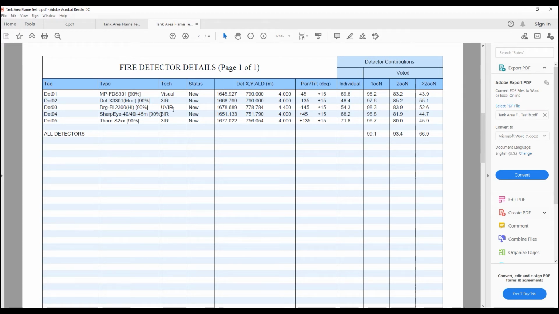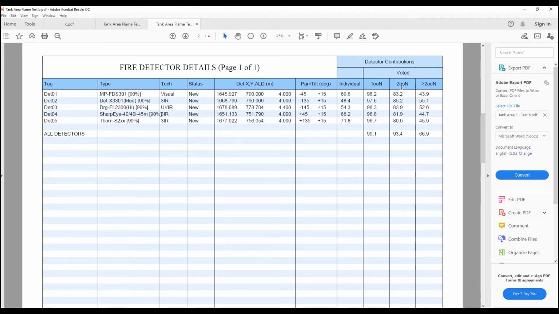However, if detector 2 goes into fault and I only have 4 detectors working, then my 1 out of n coverage goes down to 97.6%. If detector 5 goes into fault, but detectors 1 through 4 are working, then my 1 out of n coverage drops to 96.7%.